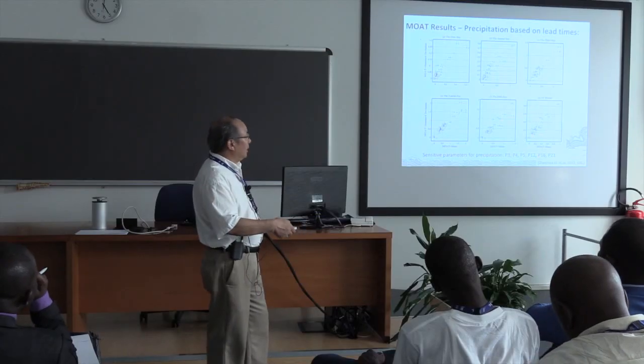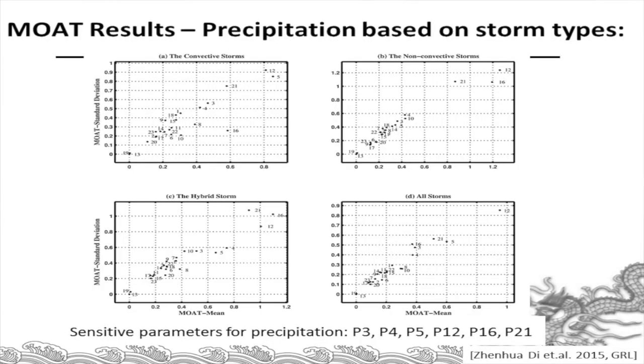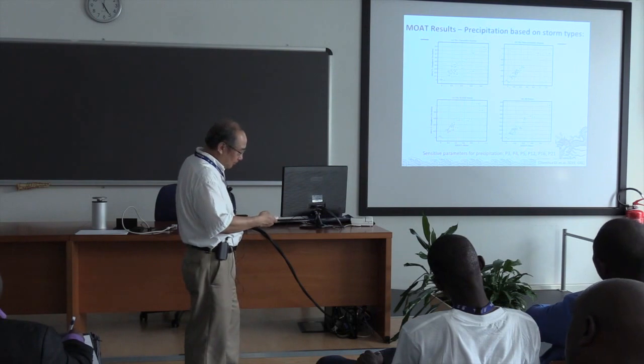We also looked at convective storms, non-convective storms, or mixed storms, and the results are not too sensitive to those things. Maybe the order changes, with one parameter ranked number 1 on the first day and another number 1 on the second day, but the 6 most sensitive parameters are pretty consistent.